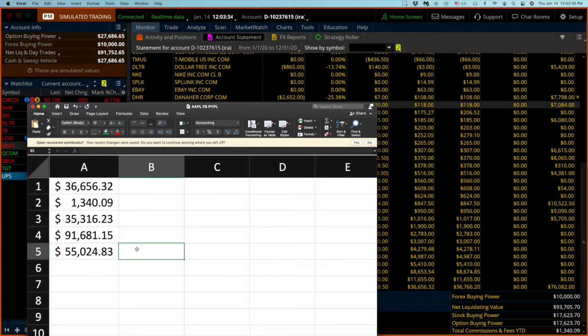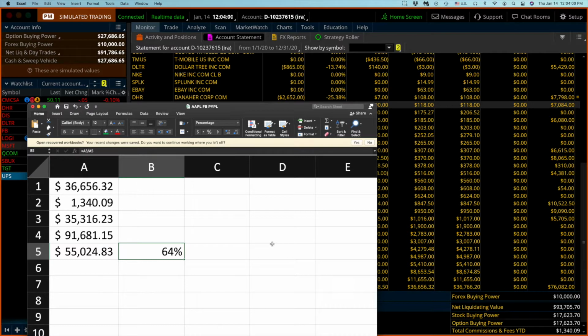So our gain was 36,656 minus the commissions, 35,000. Divide that by the original value, and we transform that into a percentage. 64% gain.